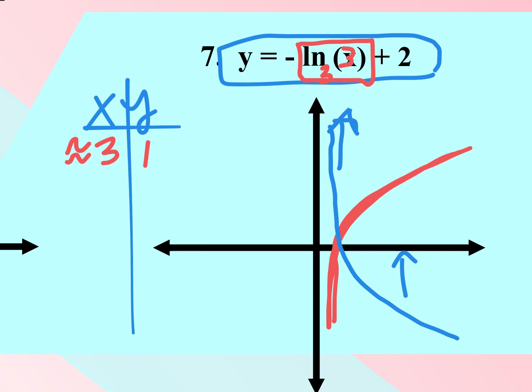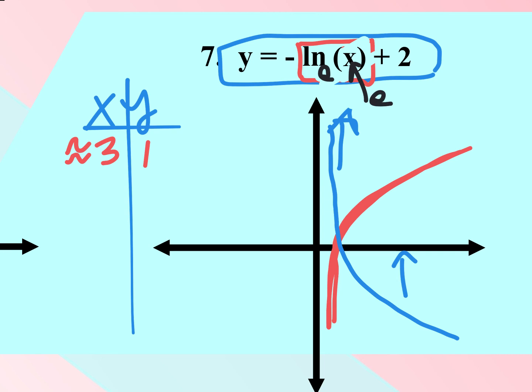One more thought on that. Technically, the 3 isn't 3, right? It's a little bit less than 3. So when you're graphing, you just understand it's not going to be perfectly exactly at 3, 1. Okay, what's another thing we could put in? Well, some kid might say E, because this has a base of E technically. And then wouldn't it be nice if that was an E?